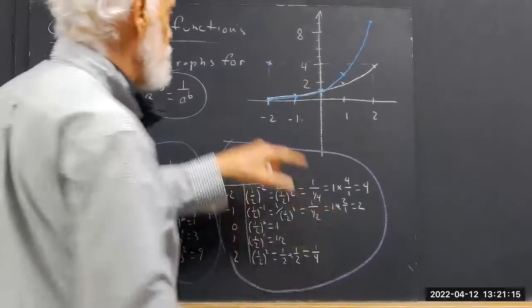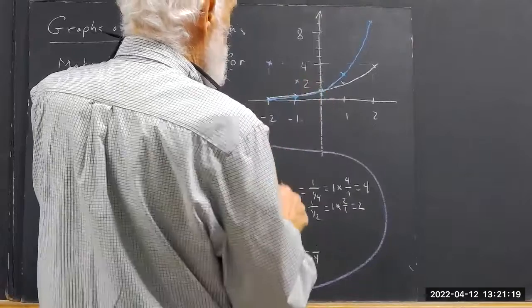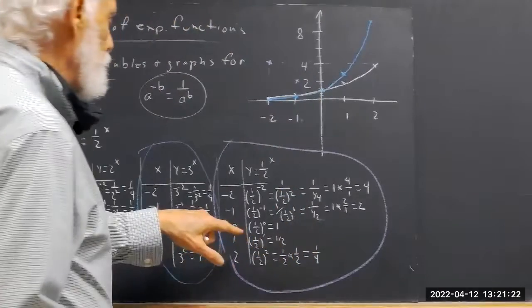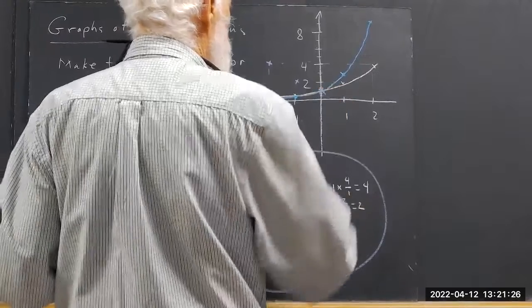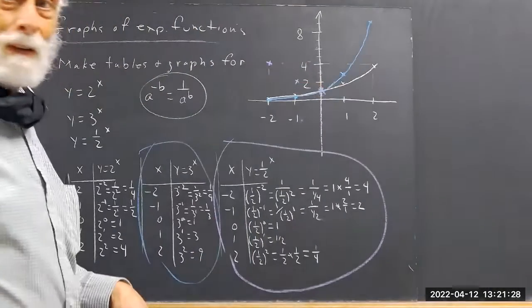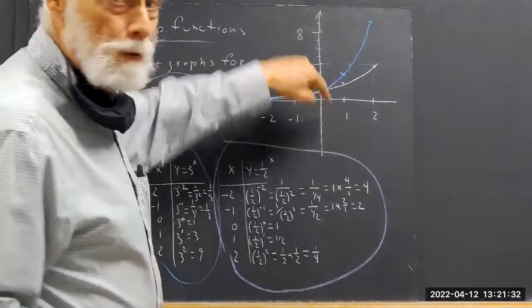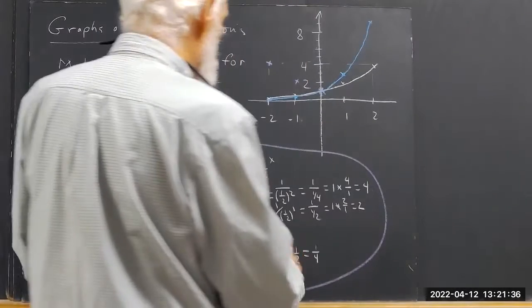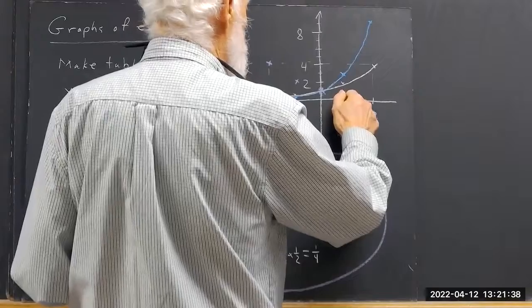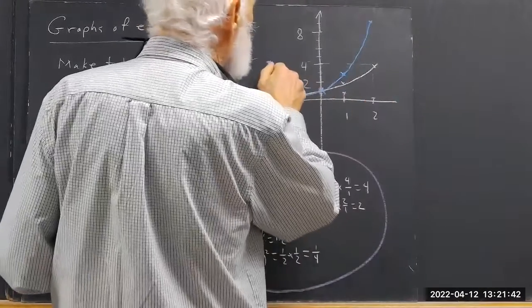At -1, I get 2. Well, that's going to be a point right about here. At x equals 0, I get 1. Same doggone thing, same point. All these functions gang up on the point (0, 1). And then the point (1, 1/2) is here. The point (2, 1/4) is here.